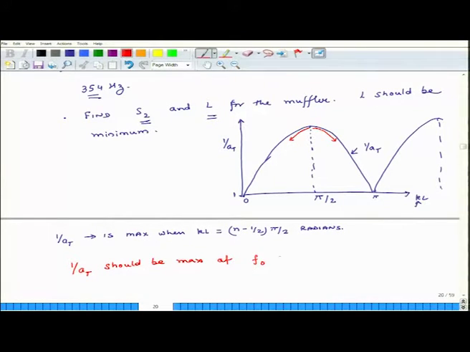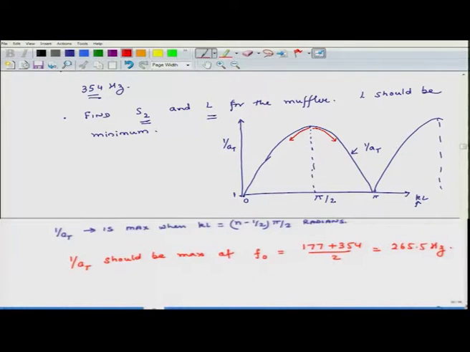So, I will say that F naught should be equal to (177 plus 354) divided by 2, and that is equal to 265.5 hertz. Okay. So, what I have written here is that 1 over AT is max when KL equals (2n minus 1) times pi over 2. There is a small error here, actually it should be just pi.